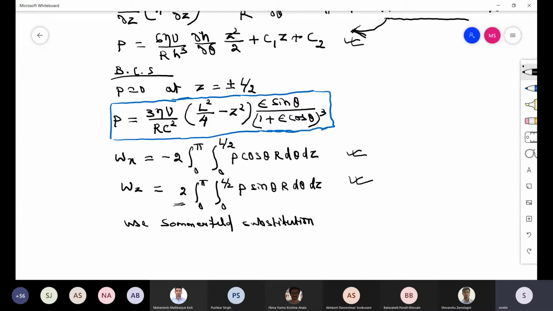If you do Sommerfeld substitutions and derive Wx, it will be equal to eta U L cubed by c square, epsilon square divided by (1 minus epsilon square) whole square.